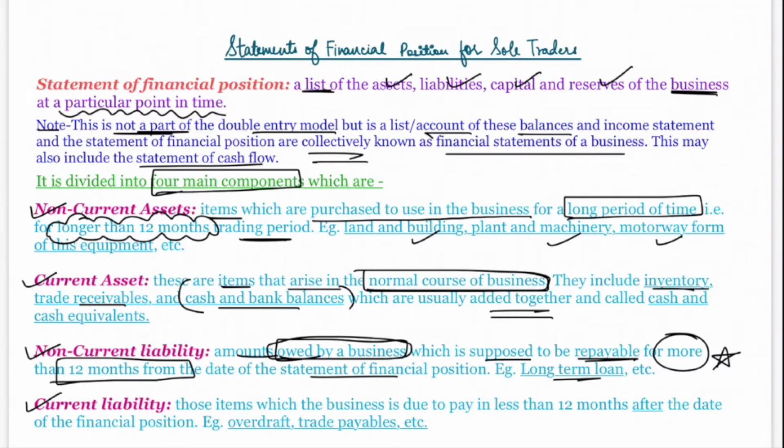Now let's see current liability. These are the items which the business is due to pay. Same again, the business owes the money to an outsider, but the timeline is in less than 12 months from the date of the statement of financial position. Example, overdraft and trade payables.